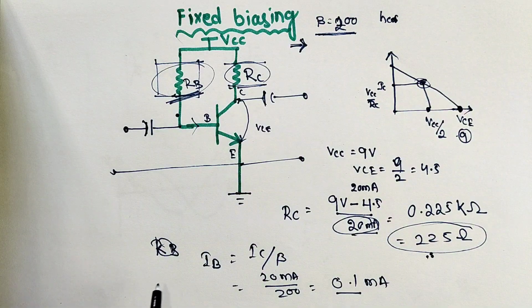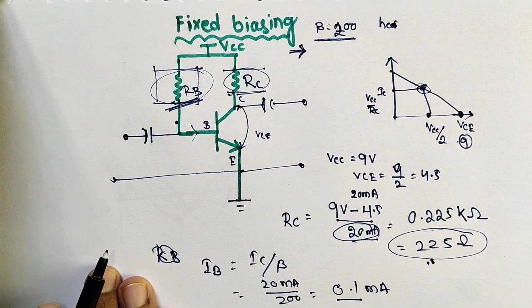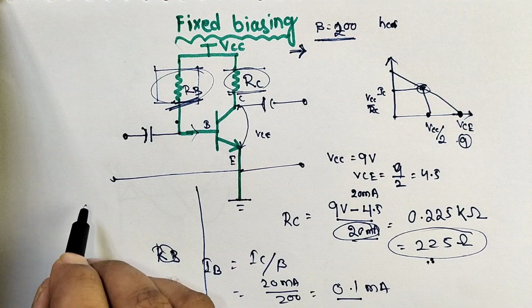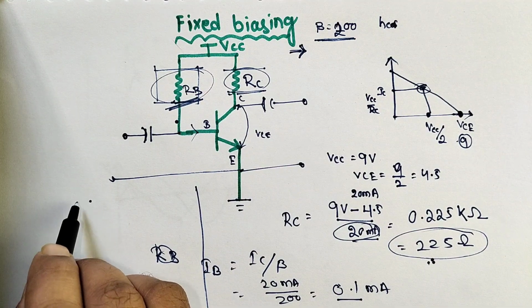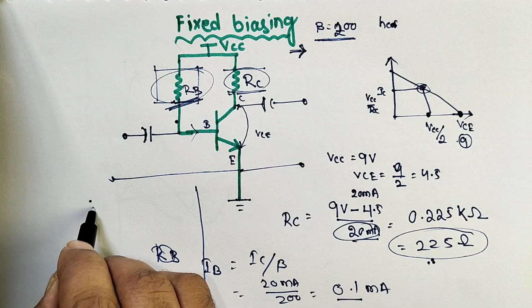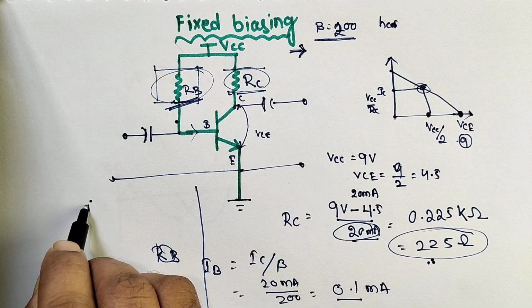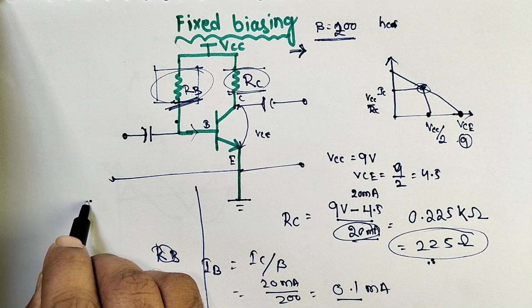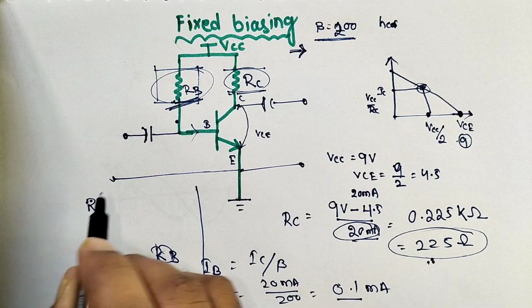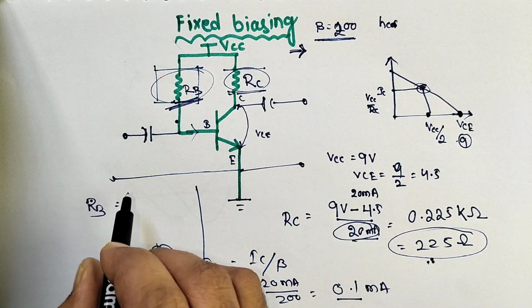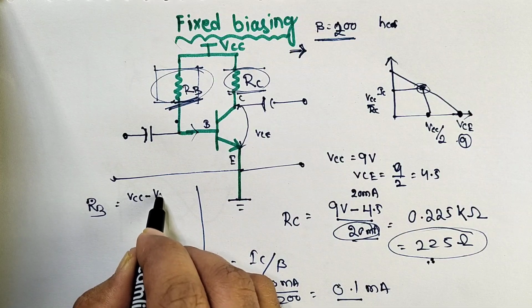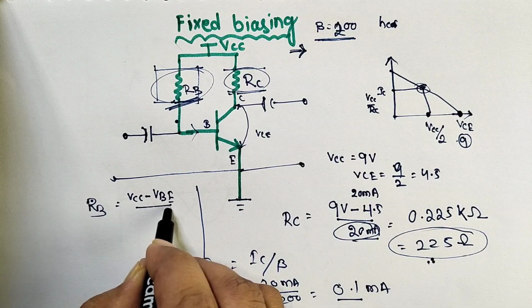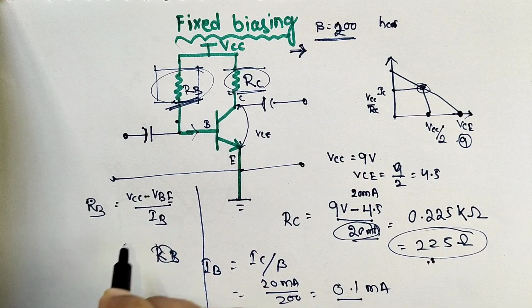Now we need to find the RB value. From this equation, RB equals VCC minus VBE divided by IB.